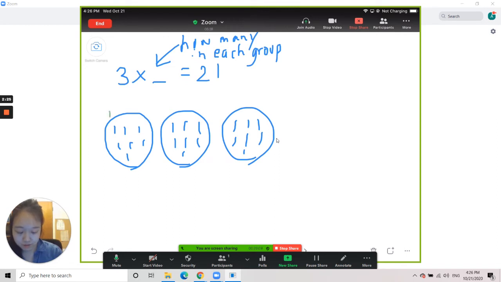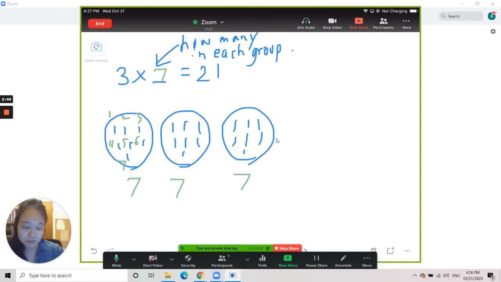There's 1, 2, 3, 4, 5, 6, 7 in the first group, which means there's 7 in the second group and 7 in my third group. The missing factor, or the number in each group, is 7.